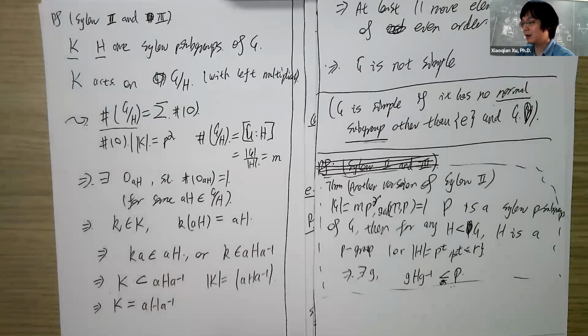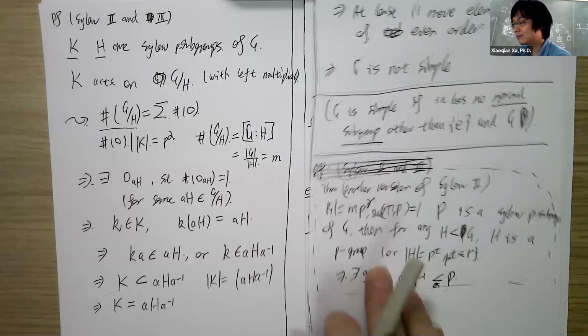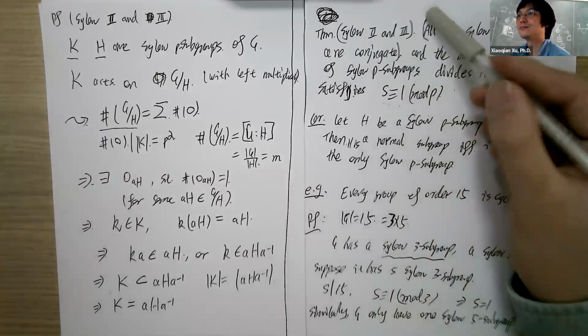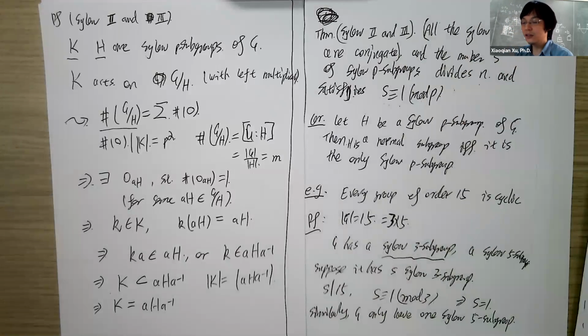This proves the second Sylow theorem, the first statement of our theorems: all the Sylow P subgroups are conjugate to each other. Okay, any question? Any question?